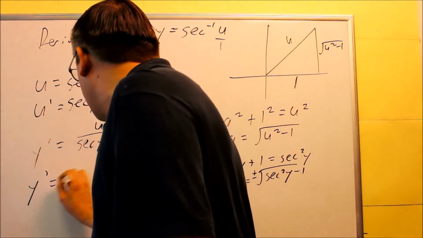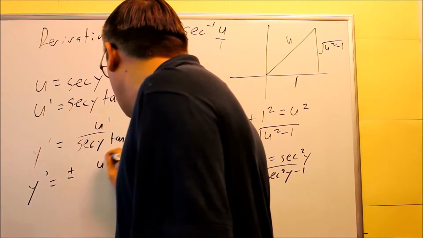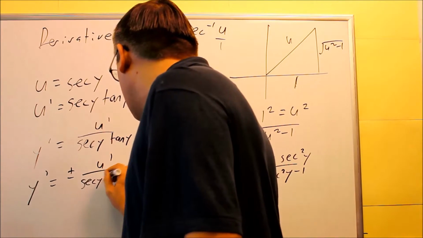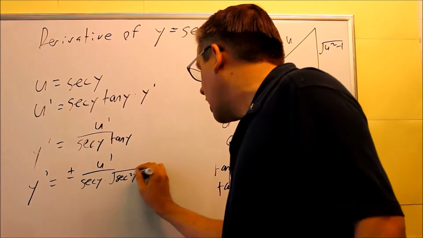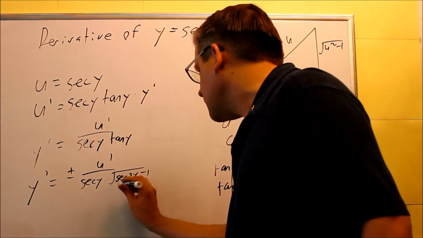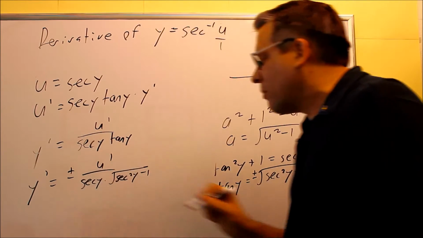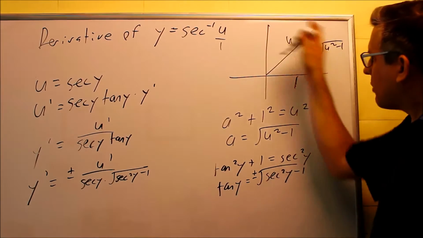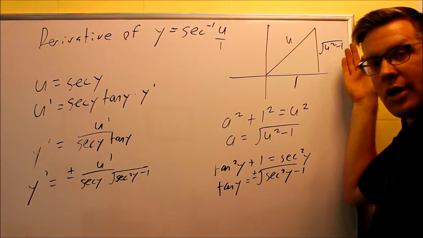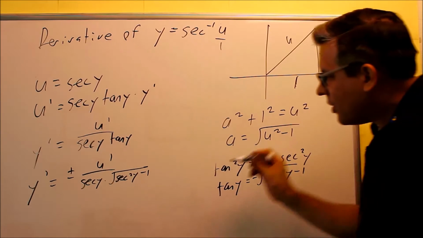Which means that when I put this in, I get plus or minus u primed over secant y times the square root of secant squared y minus 1. Okay. So that's where I get plus or minus from. I can put in my substitutions from the triangle that I have here.